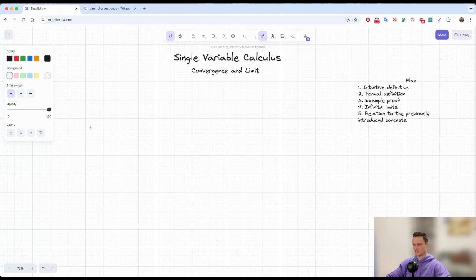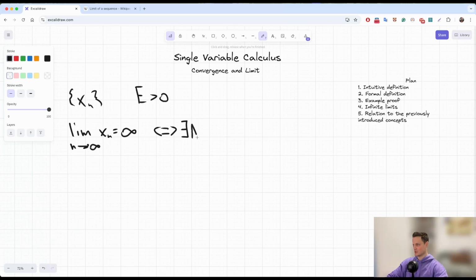Namely, we say that the sequence x sub n tends to infinity if for any real number E, positive of course, for some index onward, the terms of the sequence x sub n are greater in absolute value than E. Formally, this is an infinitely large sequence, and in other words, there is such an N from the set of natural numbers that for any index after it, the absolute value of the sequence's value is larger than E. And as you may remember, this is exactly the definition of an infinitely large sequence. And now we just phrase it more elegantly with the limit.